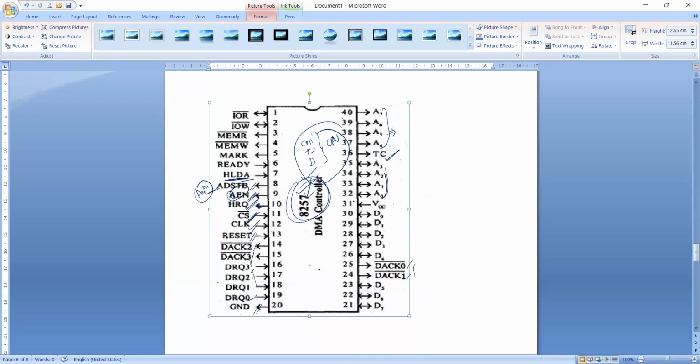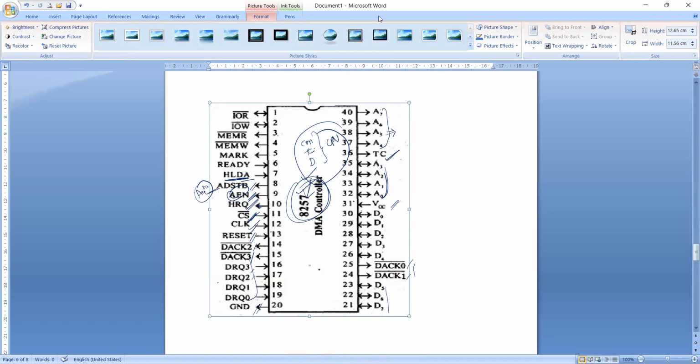VCC is required for the supply voltage, and D0 to D7 are the data pins, which are used to transfer data between 8257 and the CPU or external devices. And this is all about the pin diagram of 8257, the block diagram and pin diagram.